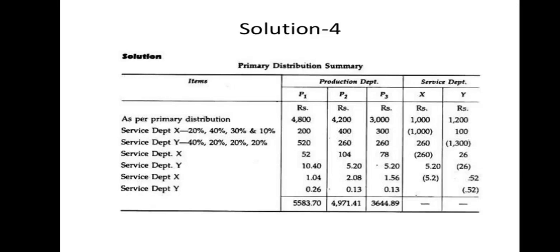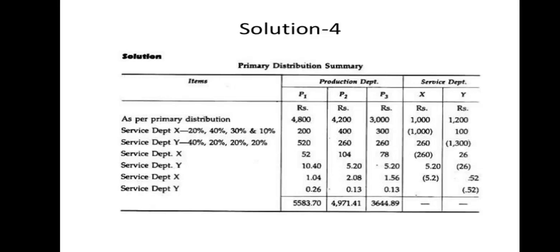So what is the question asked in this problem? Whatever information is provided to us, we need to show the distribution of service department cost under the repeated distribution method. Okay, so let us observe the information provided to us. Production departments P1, P2, P3: P1 overheads are 4,800, P2 overheads are 4,200 and P3 overheads 3,000.